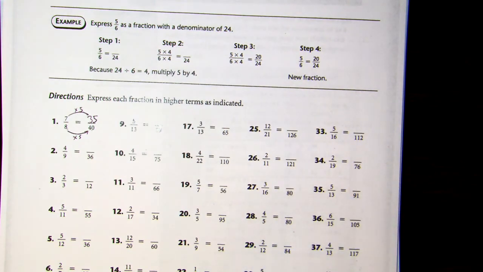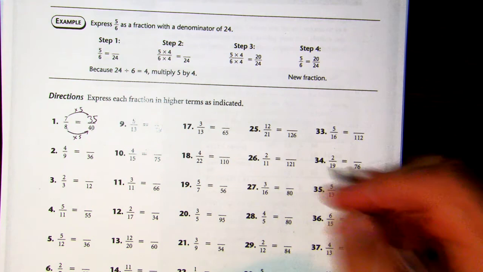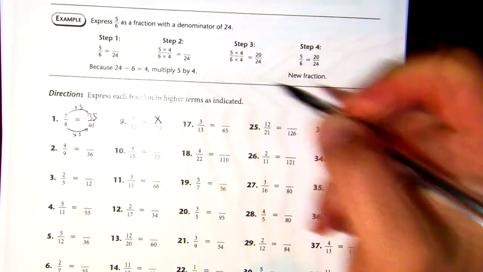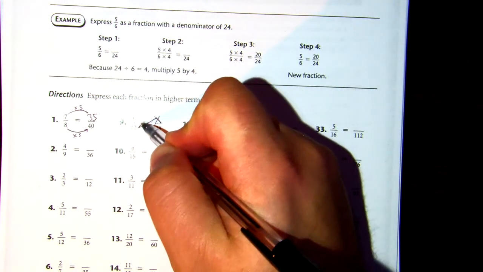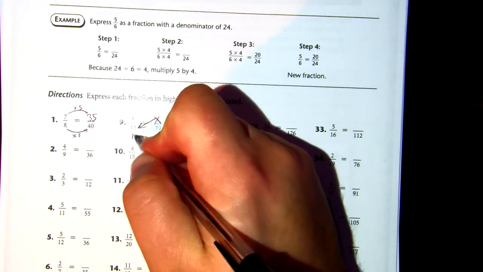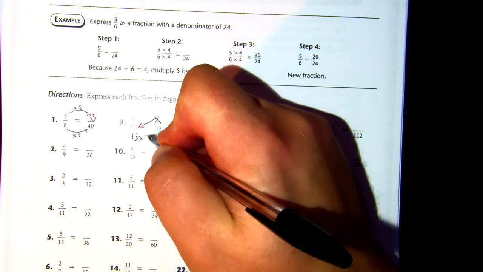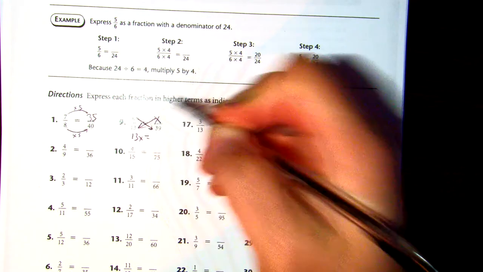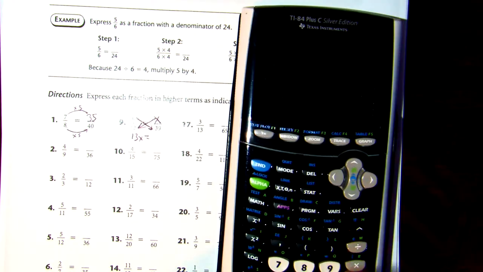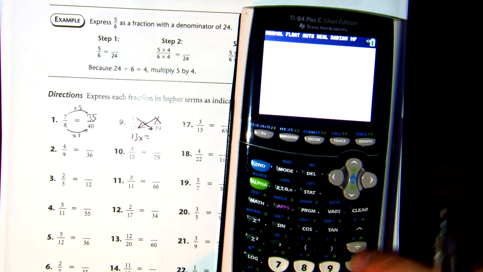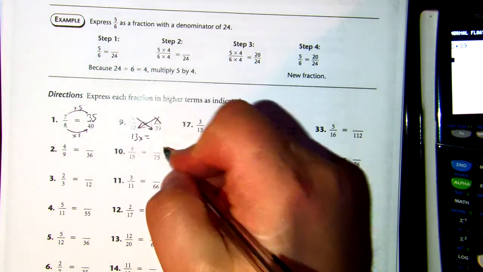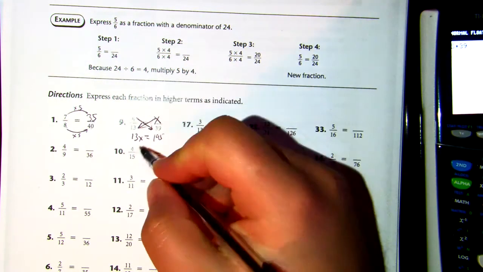There's one more way. In algebra, you learned that this would be your x. So you can go ahead and do cross multiplication. 13x equals 5 times 39. So 5 times 39 is 195. How'd you solve for x?